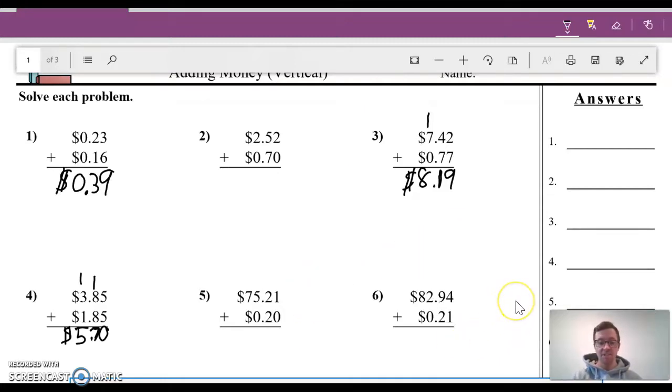So if I'm making $5.70, I'm going to use a $5 bill, and then I'm just going to use 1 quarter, which is 25. Another quarter is 50. Remember, we're trying to get to 70. If I used another quarter, that would be too much. So I'm going to go to my dimes. So I have 50 plus 1 dime is 60. And 1 more dime would be 70. So to make the 70 cents, I would use 2 quarters and 2 dimes. So if you want to challenge yourself, you can do that too in addition to completing the worksheet.